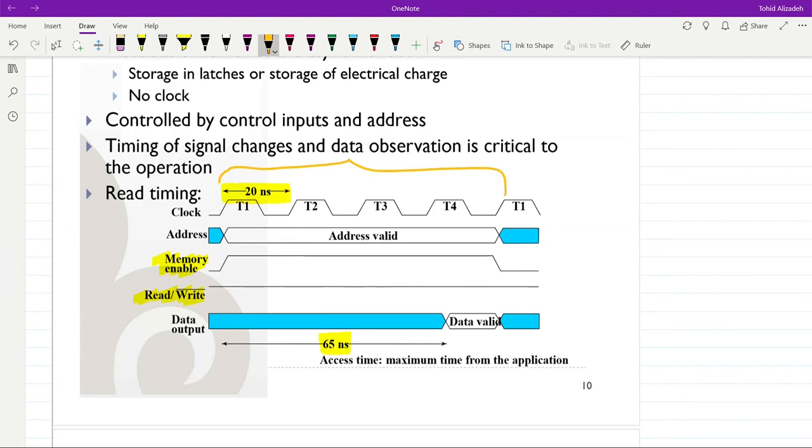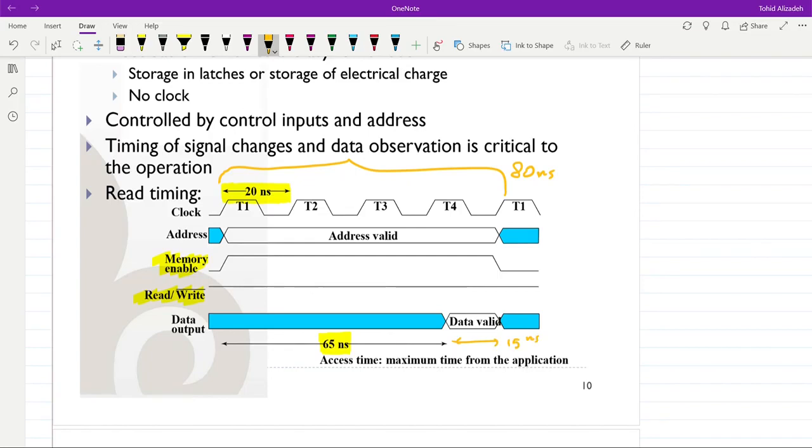So these 4 clock passes will be used in order to have the whole read operation performed. 65 nanoseconds of the whole 80 nanoseconds will be used to finish the operation, and then there will be 15 nanoseconds of spare time.